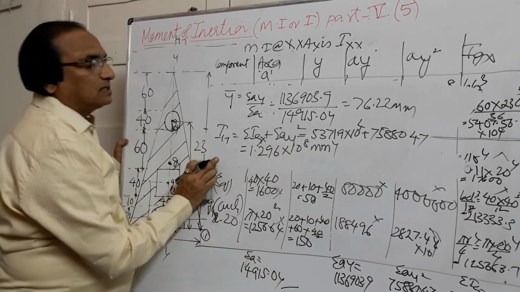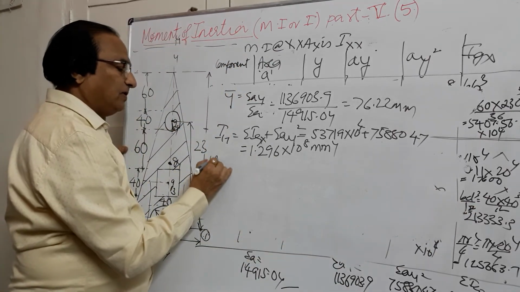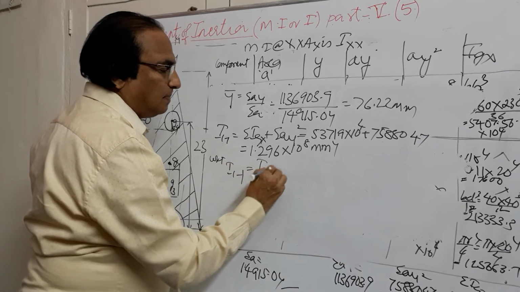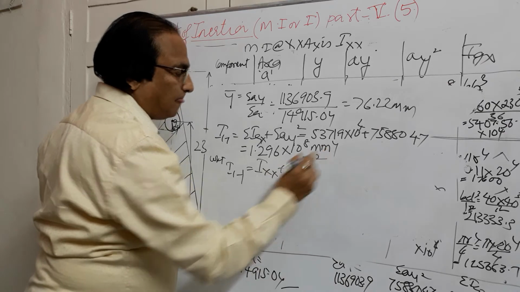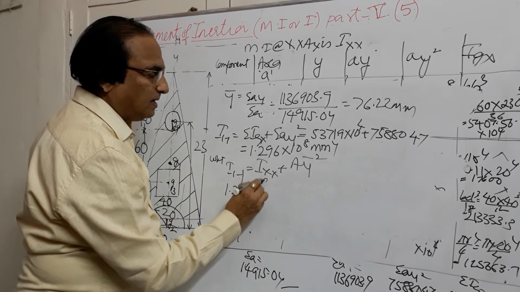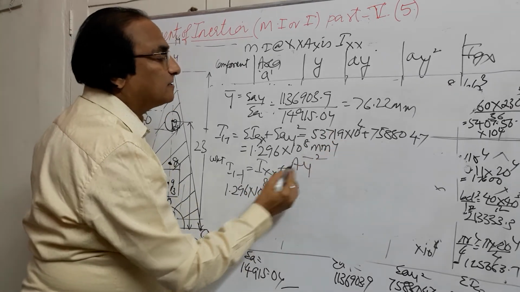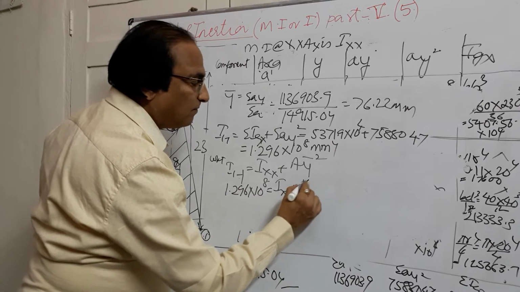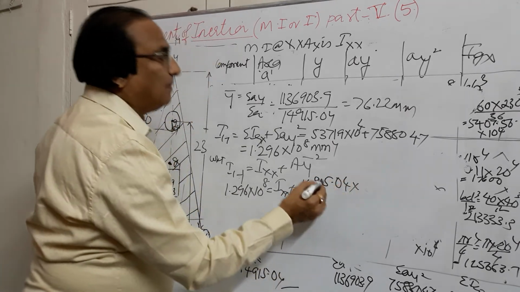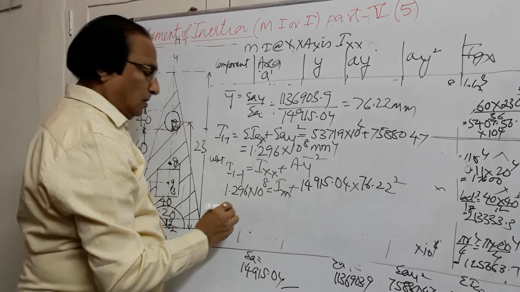Now we are not interested in I11, I want to find out Ixx. Once again we will write, we know that I11 is equal to Ixx plus A y bar square. So here I11, 1.296 into 10 to the power of 8, is equal to Ixx plus A, the area, 14915.04 into y bar, the one we have calculated, 76.22 square.